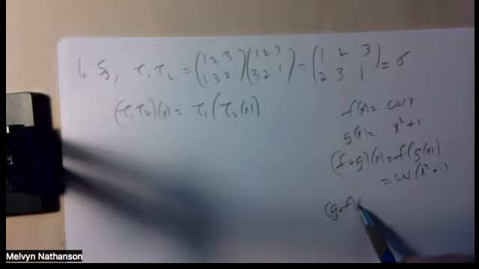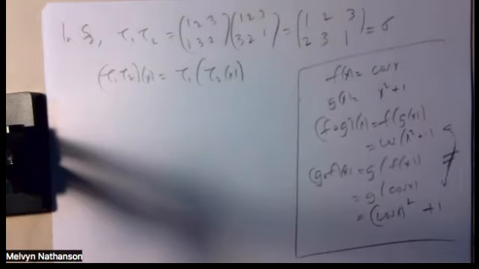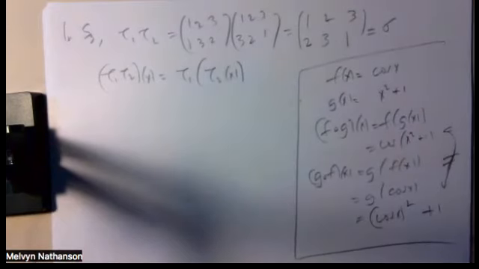But g composed with f of x, that's g of f of x, that's the cosine of x, squared, plus 1. And these two things are completely different. It's just like composition of functions from calculus. Okay. Thank you.